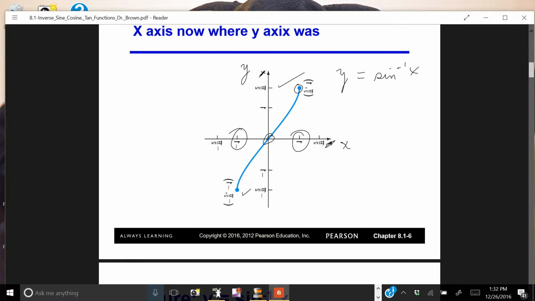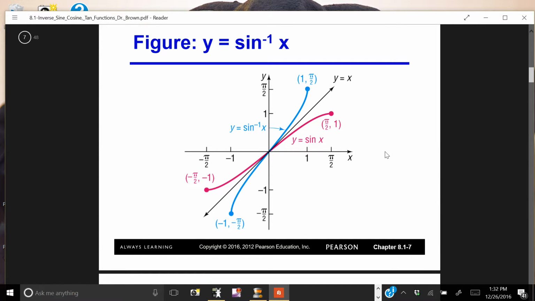And so now we have defined the inverse sine function, and you can take a table of values of the sine function and replace x with y and y with x, and then you would have the values that you need.